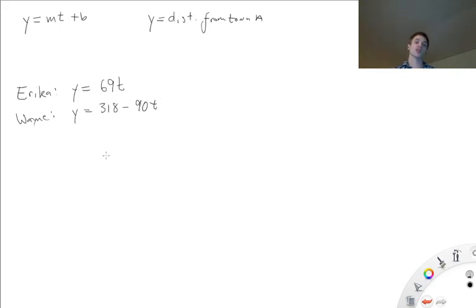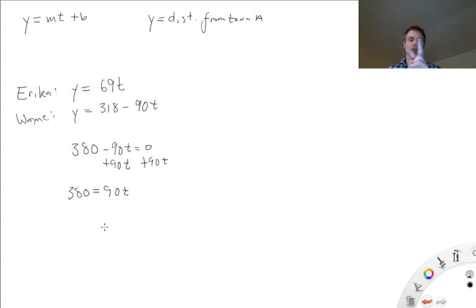And now the question is, how much longer after they passed each other does it take for Wayne to get to town A? So if Wayne is at town A, his distance away from town A is 0. So we can set his equation equal to 0, and then solve for t, and that'll tell us what time his distance from town A is 0. We're going to add 90t to both sides, and we'll get 380 equal to 90t.